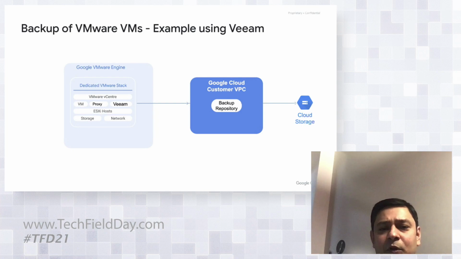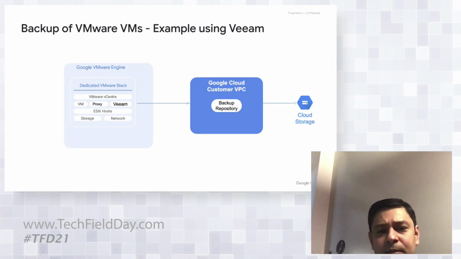So this kind of a solution requires making sure that the networking between the Google VMware Engine and the customer VPC is working fine, if the customer chooses to dedicate a separate VPC for a backup repository and chooses to not use the main host project that he is using.